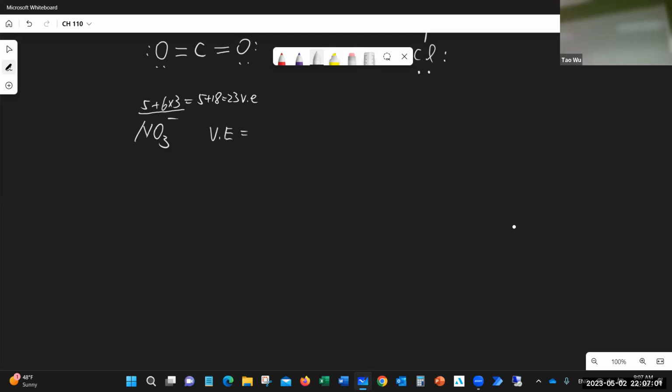Okay, so 23 plus 1, you get 24 in this case. So just one more step: you need to count the charge. If the charge is a negative sign, it means a gain. If it's a positive sign, it means losing electrons. So you need to make sure whether it's a gain or a loss. So totally we have 24 valence electrons.